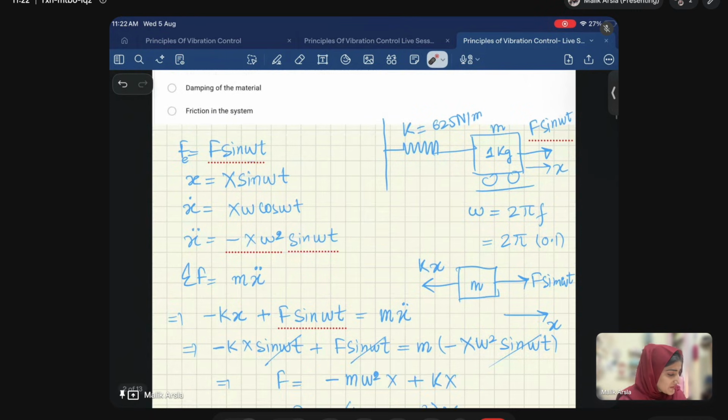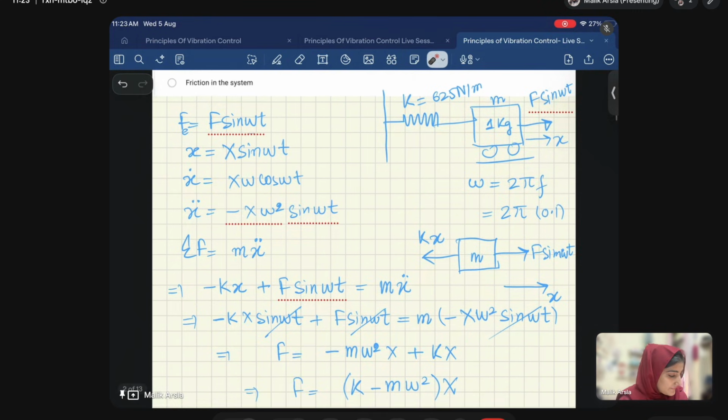We can draw the free body diagram of this mass with F sine omega t acting in the right direction, and the spring force acting in the opposite direction, which is shown here as kx. We will assume that the right side is positive x. So when we write the equation, we can write it as minus kx plus F sine omega t is equal to m x double dot.